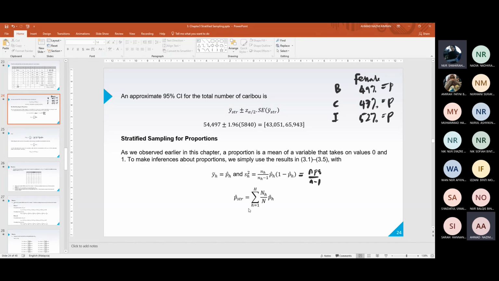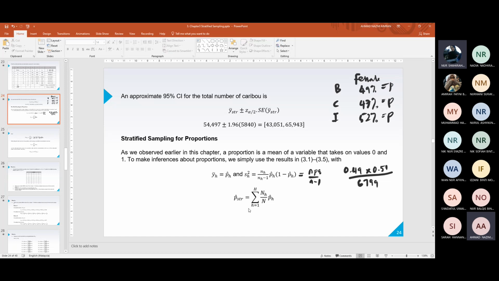So 0.49 times 0.51 over n minus 1. What is our n before? Our n for Bumiputra? 6,800, right? So 6,799 n minus 1.